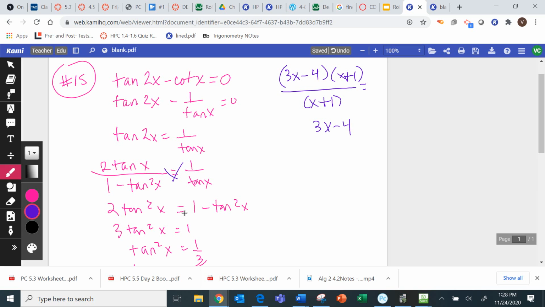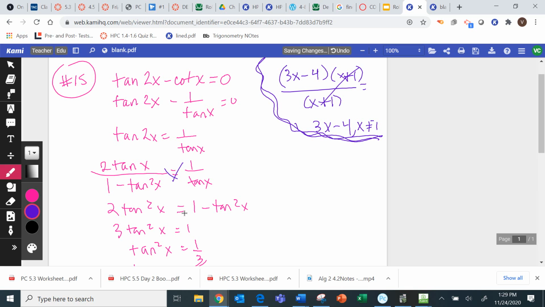Because what am I missing? X cannot equal 1. And that's because in the original question, there was a domain restriction that I can't see in the, sorry, -1, my bad. There's a domain restriction in the original question that I can't see once I cancel those out. So it kind of goes along those lines with domain.